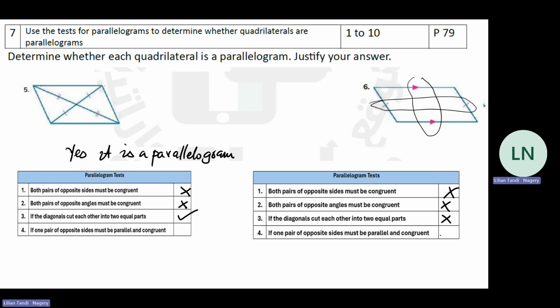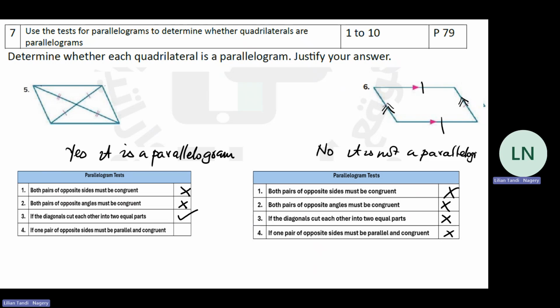For me to say star for here, my question should be like this. They should be here and here. That's all. An arrow here and an arrow here, like that. If my picture was like this, then I'll say star. But so now I say no, it is not a parallelogram because it does not match.